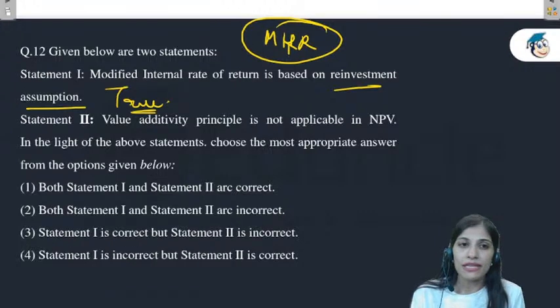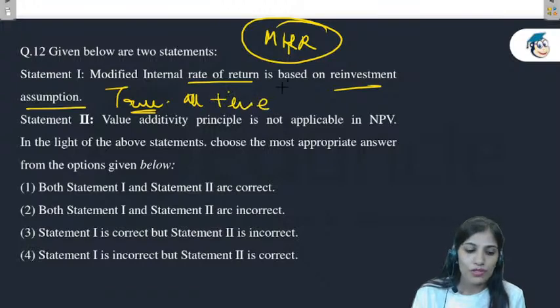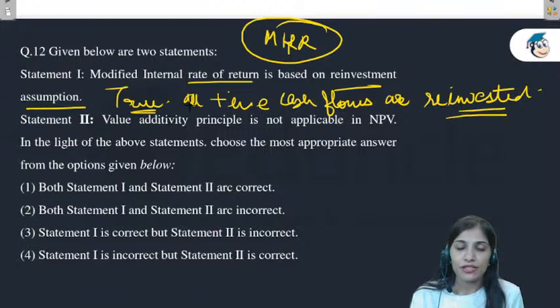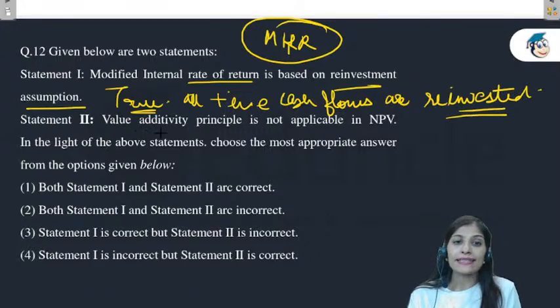Next. So what does it mean? It means that all positive cash flows are reinvested. Now, value additivity principle is not applicable in NPV.